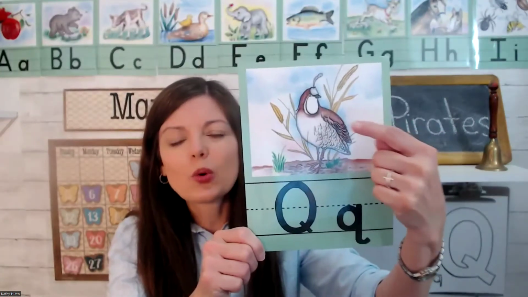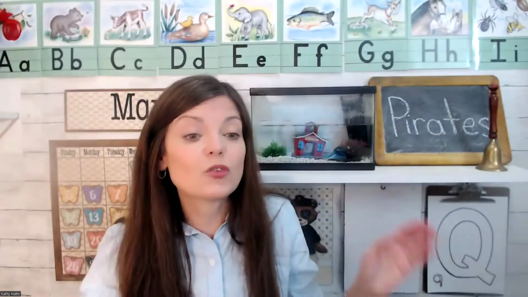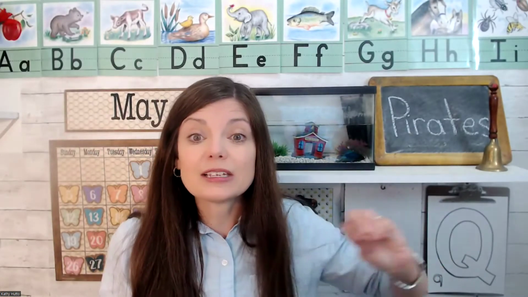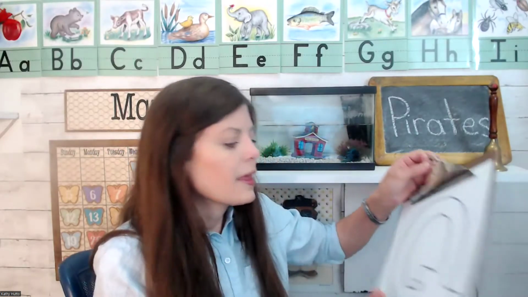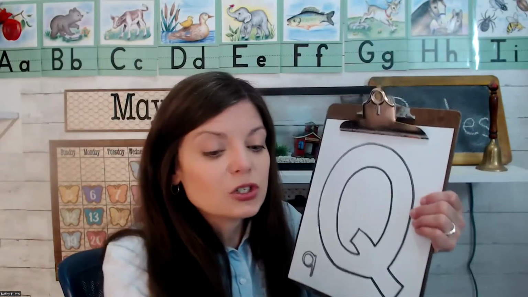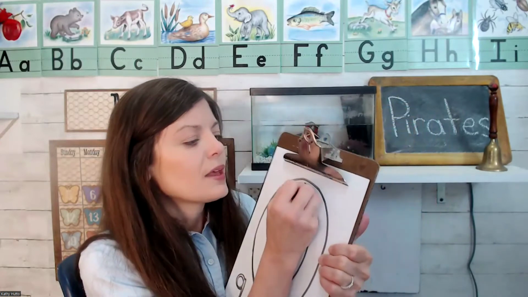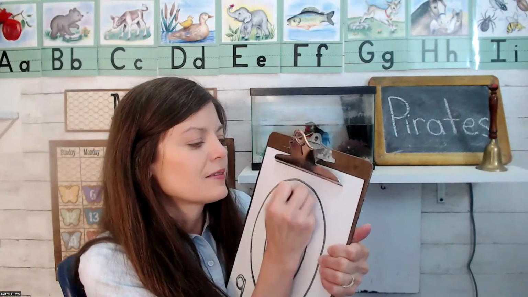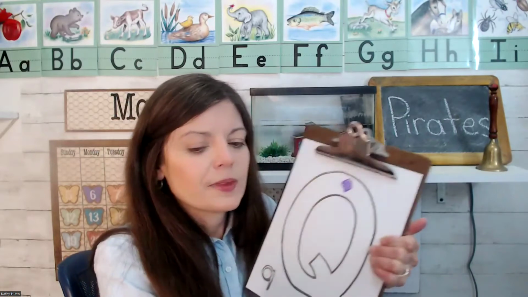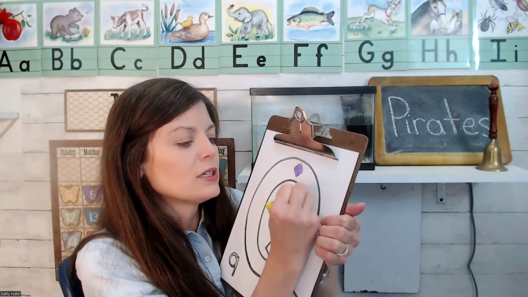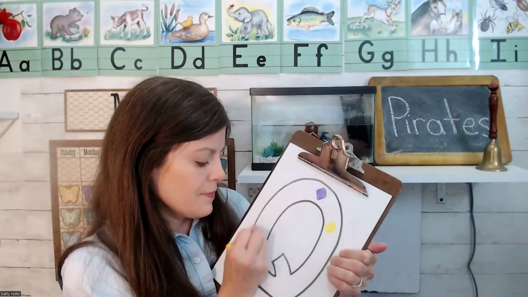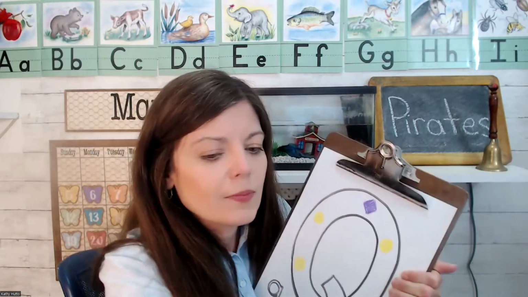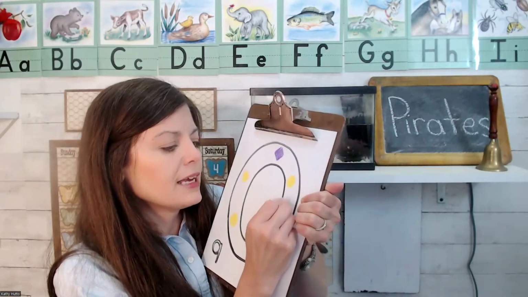Well, Q is for quail, but Q is also for quest. A quest is something that a pirate goes on when he's looking for treasure and jewels. We're going to put some treasure and jewels on our letter Q. So you might make some diamond shapes, maybe some golden coins, maybe some rectangular rubies.